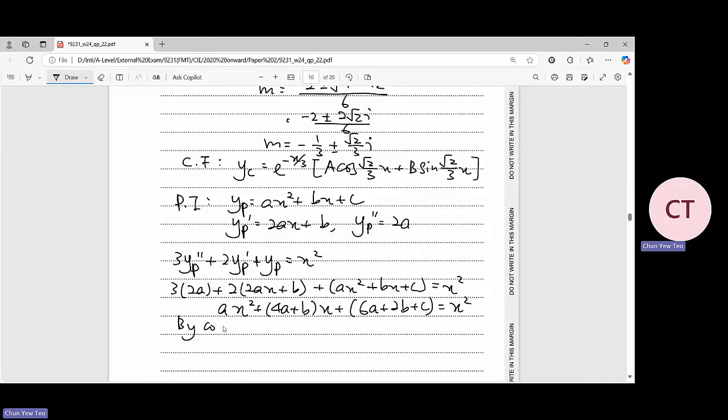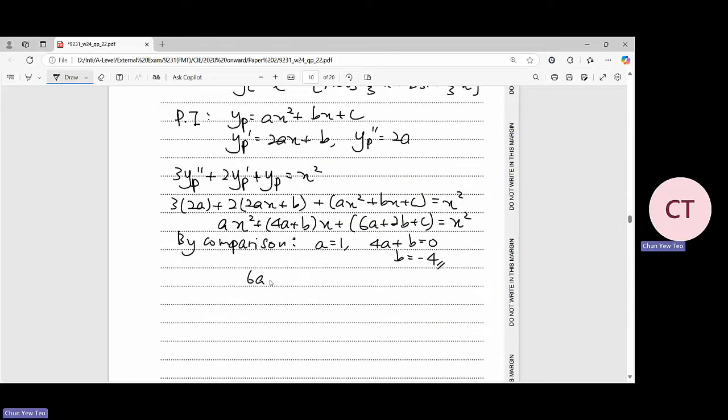Now by comparison of the coefficients, you have a is 1, 4a plus b is 0. That means your b is negative 4a. And then your 6a plus 2b plus c is 0, then your c is negative 6a minus 2b. Then your c is 2.